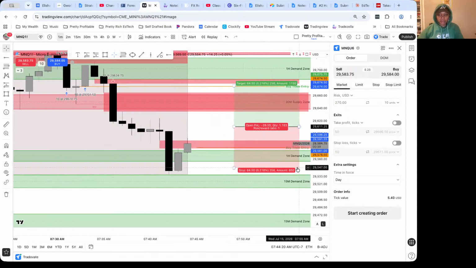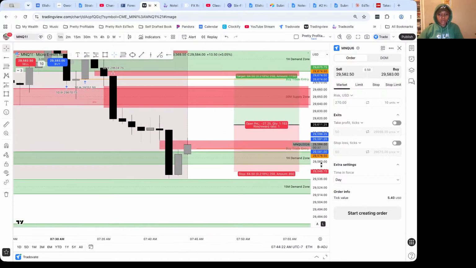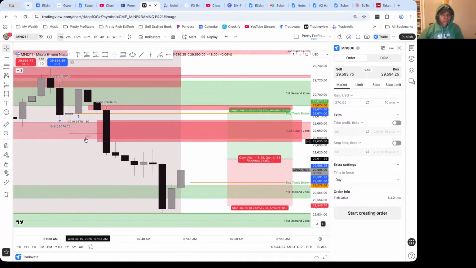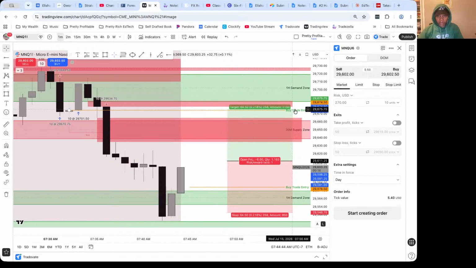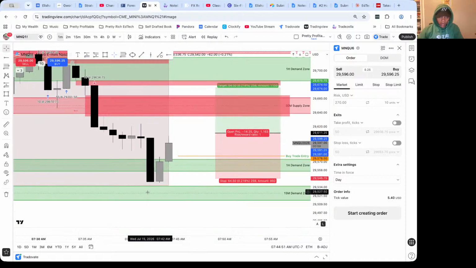All right, y'all. So that was my biggest loss so far, right here. Well, I entered here. Profit moved up. So yes, I need to do a better job. It's not a rejection candle.